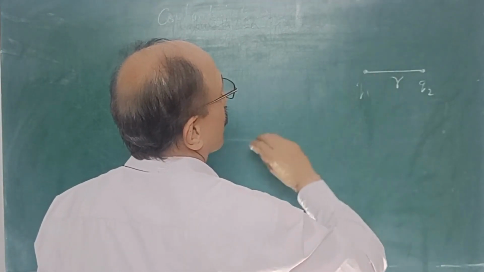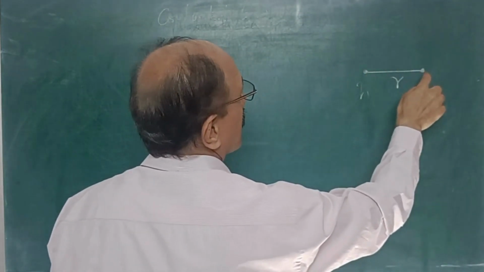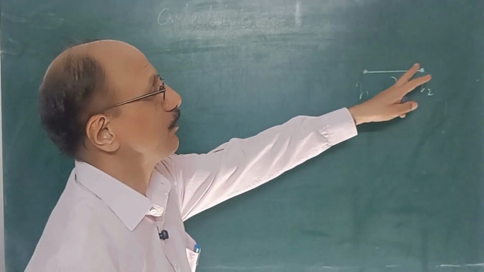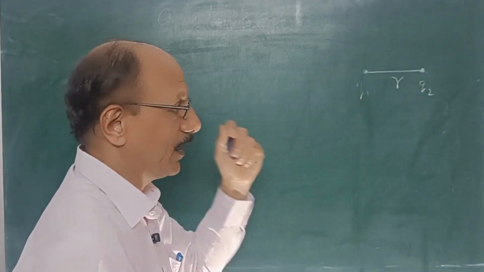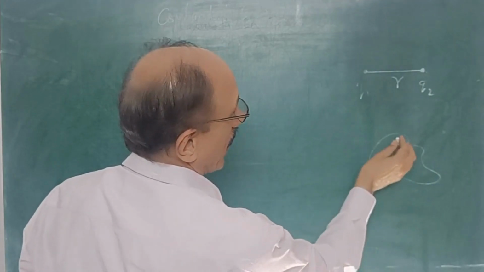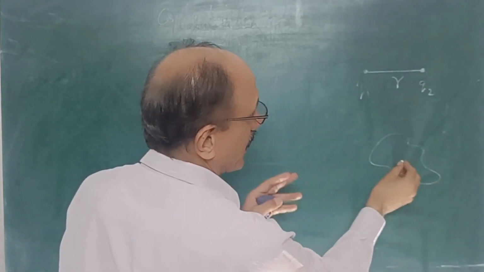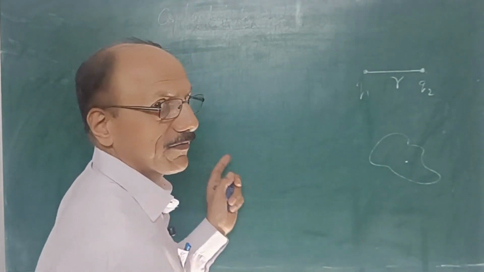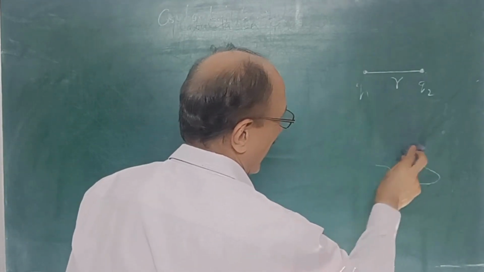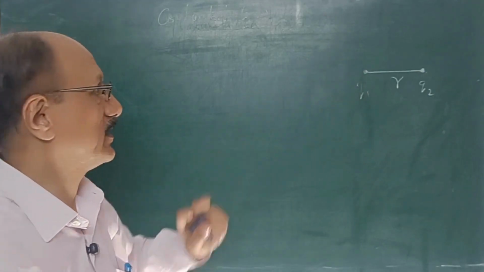This is a very small point charge, a small body charged with Q1, and this is a small body charged with Q2. If the body is like this, the charge is here and the center will be here. So the center of the charge and the center of the mass of the body will be different, and the interpretations will become erroneous. So we have to consider point charges.